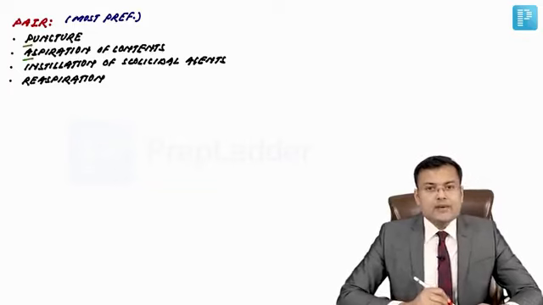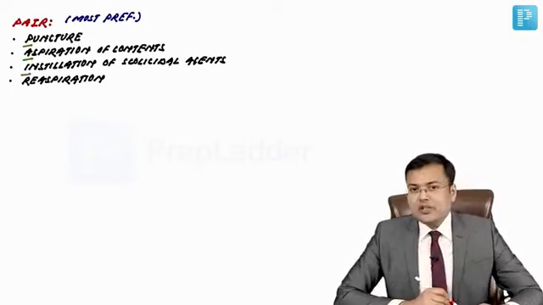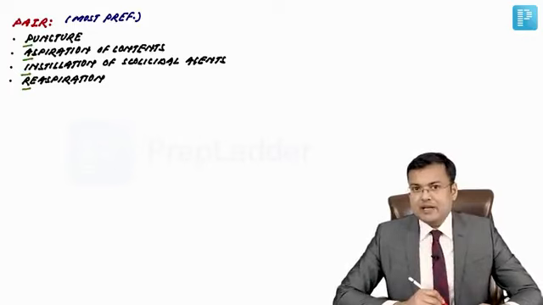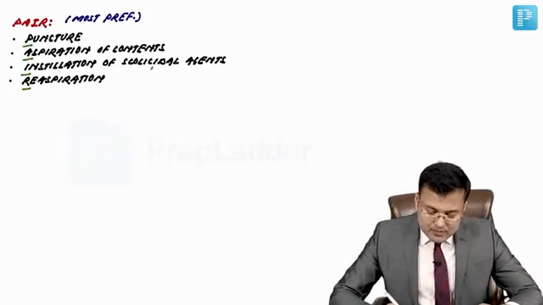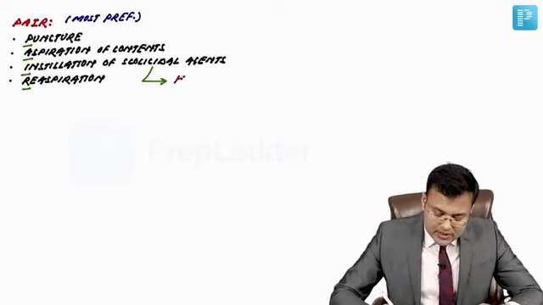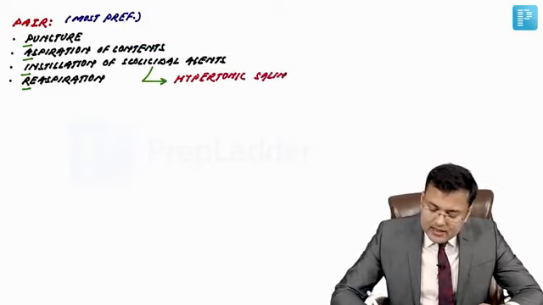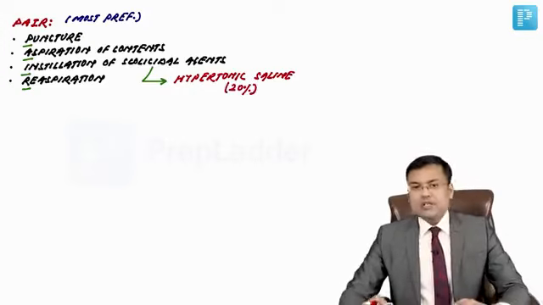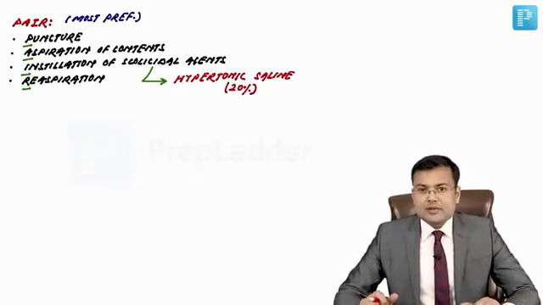Puncture, aspiration of content, instillation of scolicidal agent, and reaspiration. Right? What is the scolicidal agent used? Most commonly used agent is hypertonic saline. And what's the percentage of saline? Here it's 20%. Hypertonic saline, and the percentage is 20%.